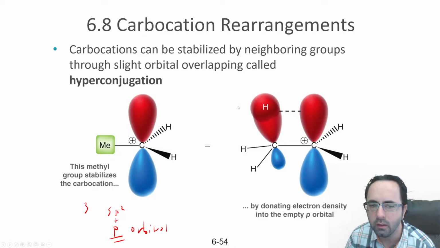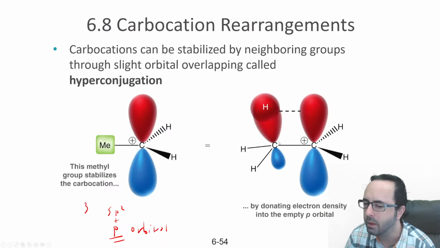And this is referred to as hyperconjugation. When you have a carbocation like this and you have this kind of sideways overlap, when this hydrogen jumps over, now this becomes an unhybridized p orbital, and now this becomes an sp3 hybridized carbon. So this effect is called hyperconjugation.